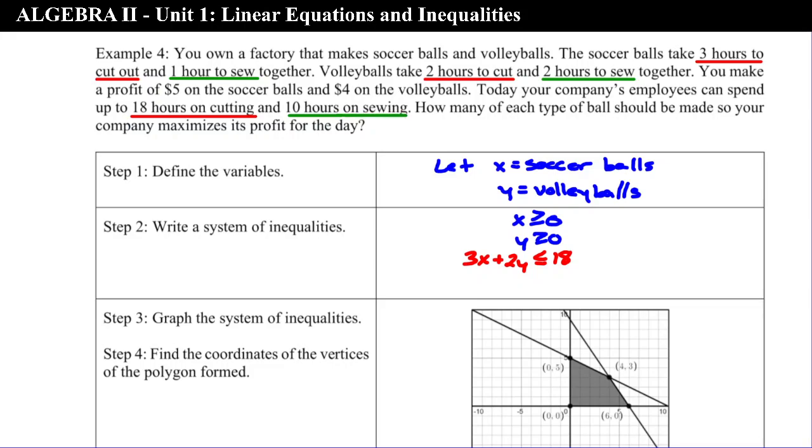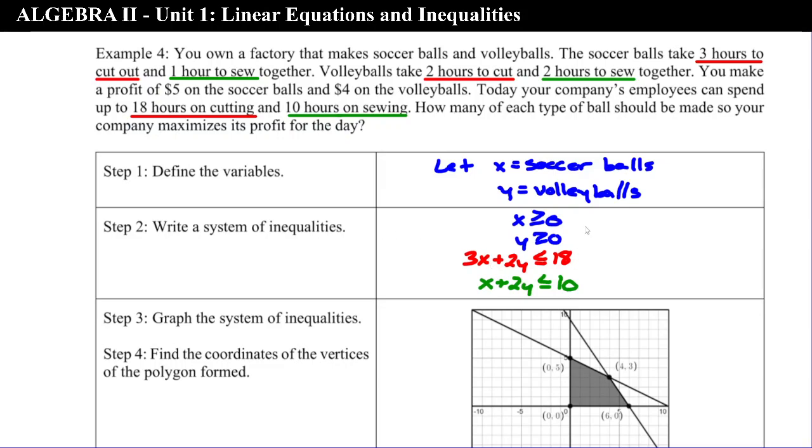So that leaves us with 1 hour per soccer ball, or that would be x, plus 2 hours per volleyball, so 2 times y is less than or equal to 10 hours, because we can't spend any more than 10 hours doing the sewing. So that is our last constraint. So those are 4 constraints that we have all together.